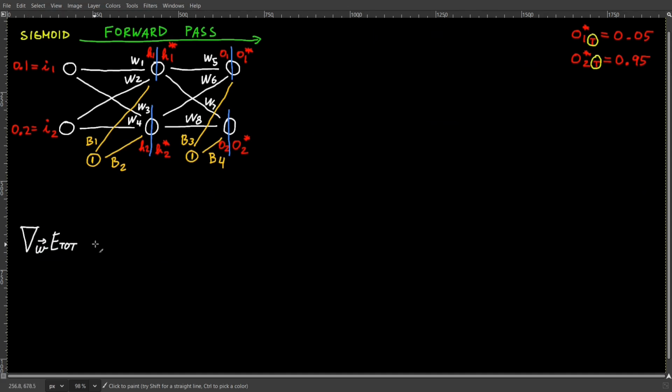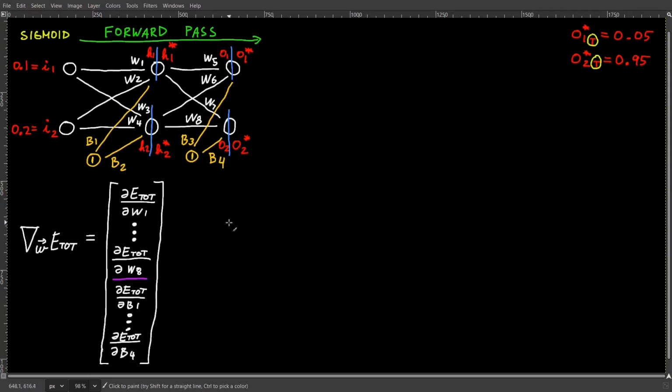We can denote this gradient like this. That gradient vector is a vector that contains the partial derivatives of the total error with respect to the elements of this weight vector, which I denote like this. This weight vector contains all the weights and biases that we have in this network here.